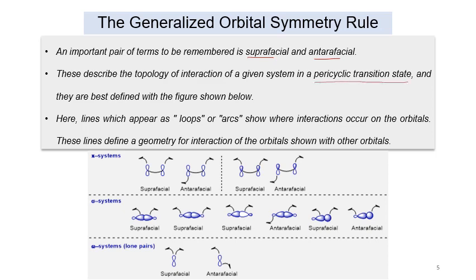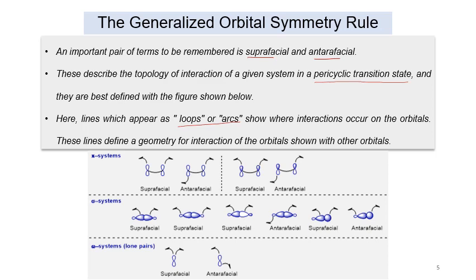They are defined with the figure shown below, where the lines appear as loops or arcs, and it indicates where the interactions occur on the orbitals. These lines will define a geometry for interaction of the orbitals.